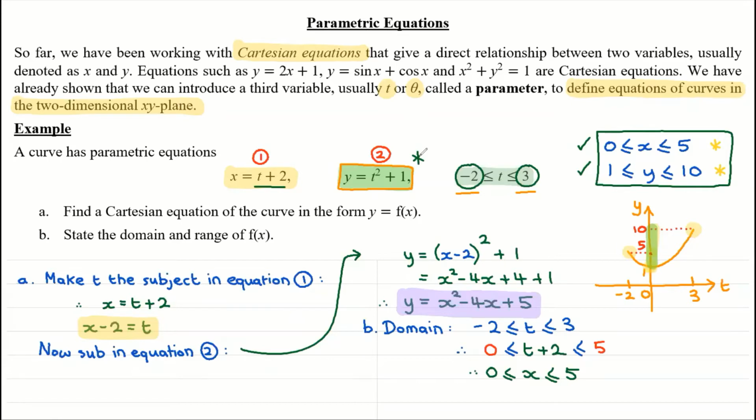So you've got to be aware of that. So let's now just write down what the range is. So the range for y is simply deduced from the parametric form between 1 and 10. And you can just see the sketch that I've done there.